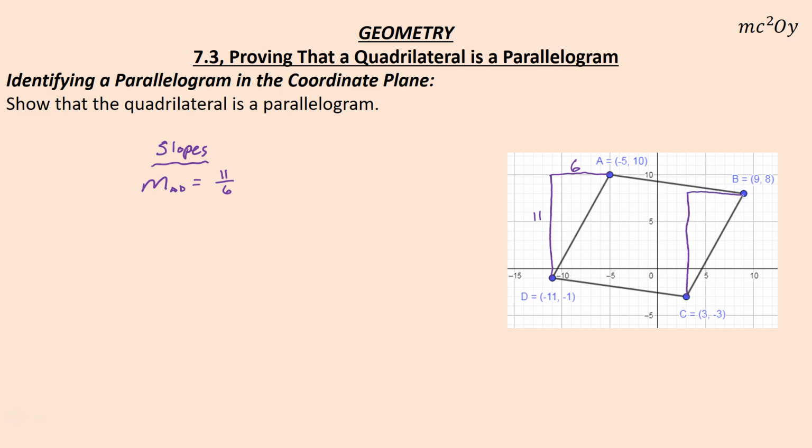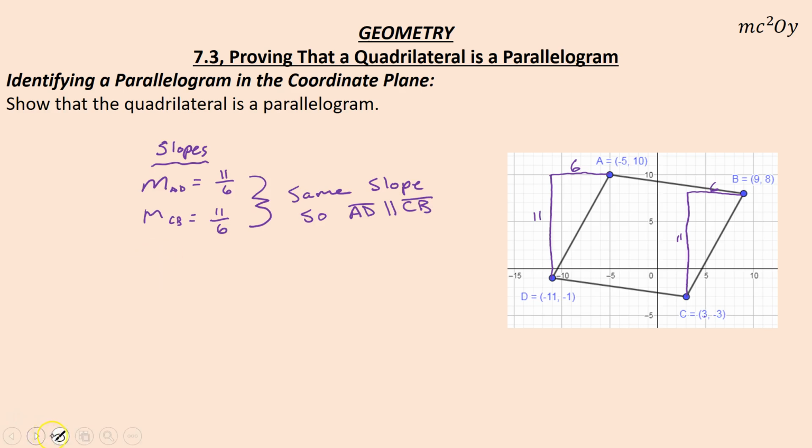If I'm trying to show that it's a parallelogram, let's make sure that these are parallel, have the same slope. Going from -3 up to 8, that is 11. And going from 3 to 9, that is 6. So the slope of CB is also equal to 11/6, same slope, so AD is parallel to CB.